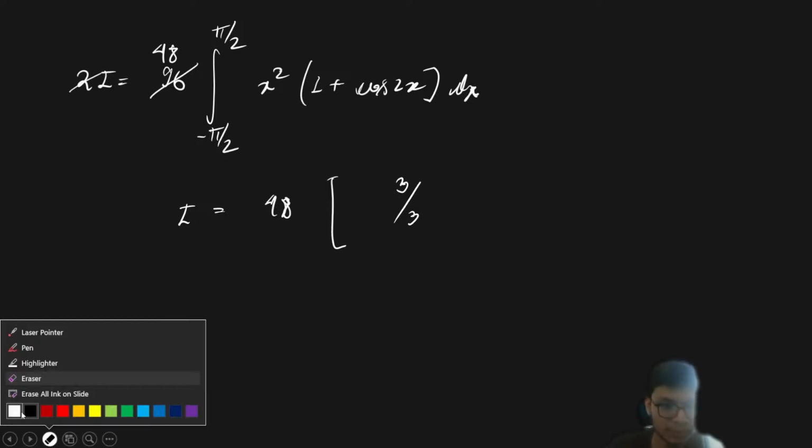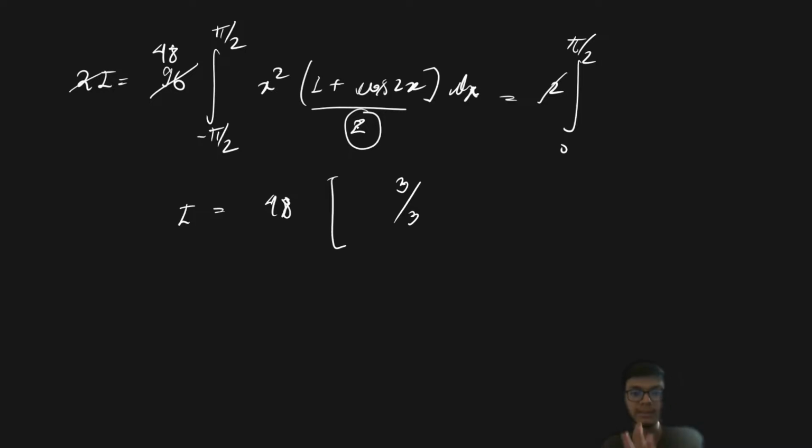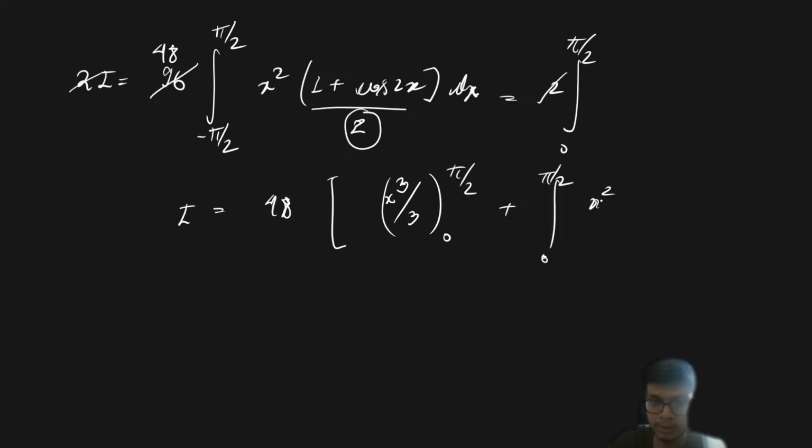The 2 in the denominator is cancelled by changing the integral into the format of 0 to pi by 2, that is 2 times the integral from 0 to pi by 2, and those two 2s are cancelled out. I have a step jump over here, right? So it is going to be x cube by 3, with the integral from 0 to pi by 2, plus the integral from 0 to pi by 2 of x squared into cos of 2x dx, right?